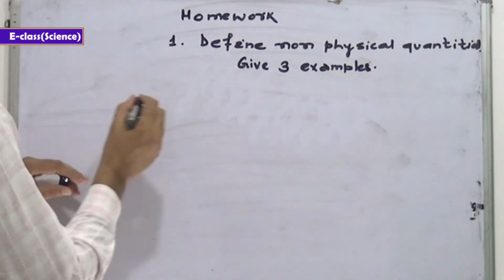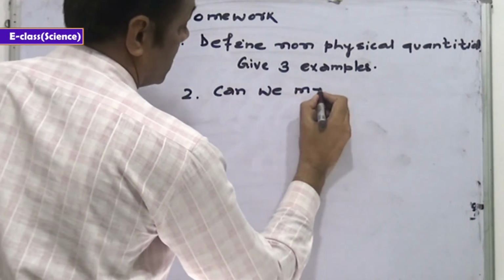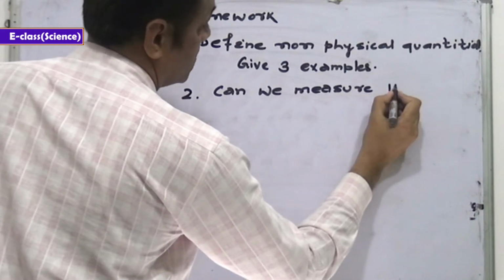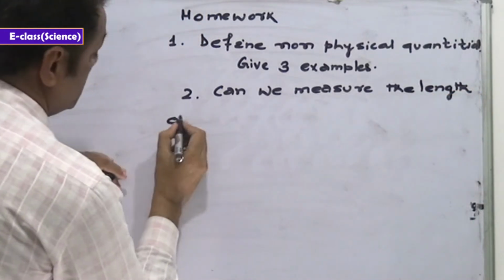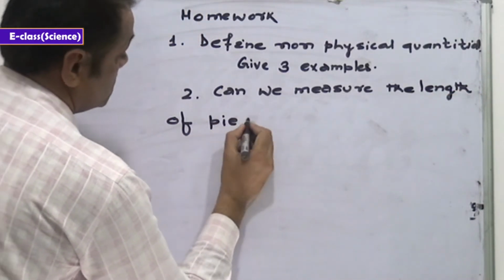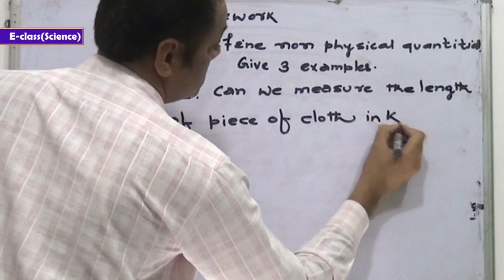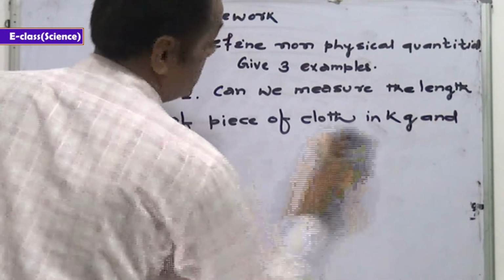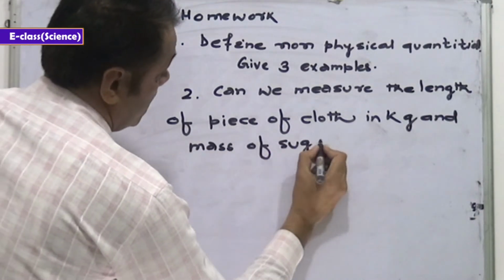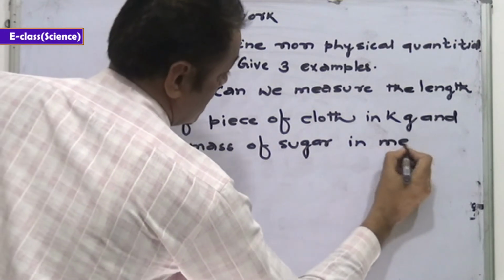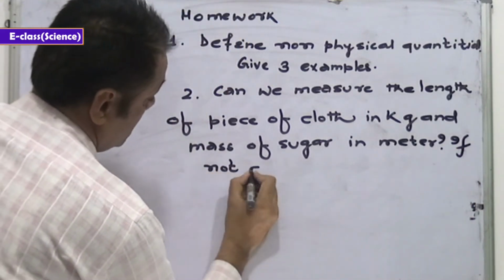Second question: can we measure the length of a piece of cloth in kilogram, and the mass of sugar in meter? If not, give reason.